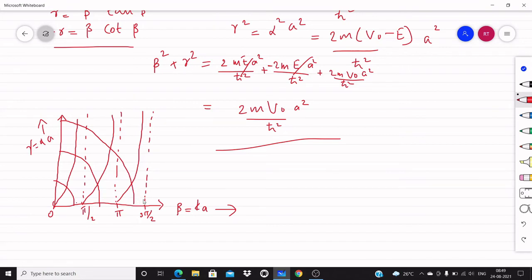This one represents gamma is equal to beta tan beta, and this one beta cot beta, alternately like that, minus gamma is equal to beta cot beta. Now if you analyze the intersection of the curves beta tan beta is equal to gamma and beta cot beta is equal to minus gamma.